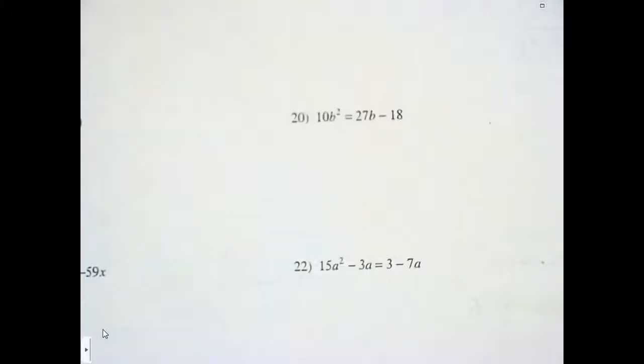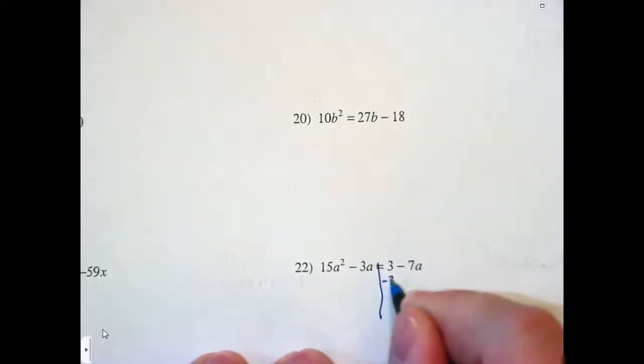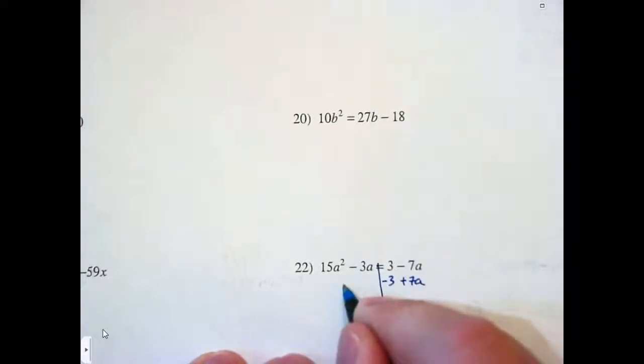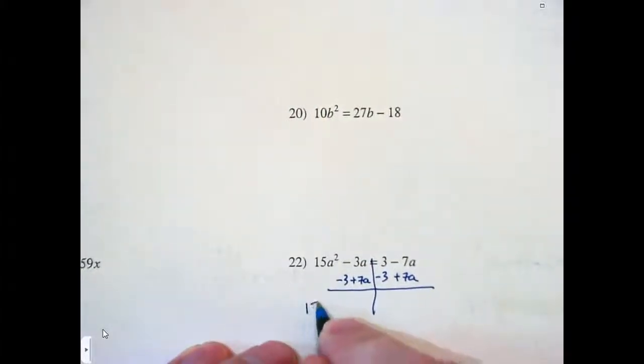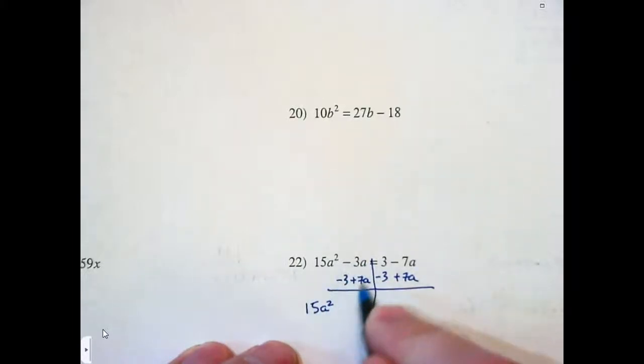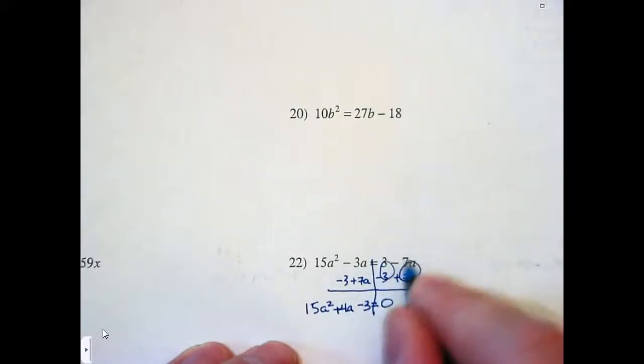So 22, if you're setting that one equal to 0, you've got a minus 3 and add 7a to both sides. What can I put together? So this gives you 0, that gives you 0.